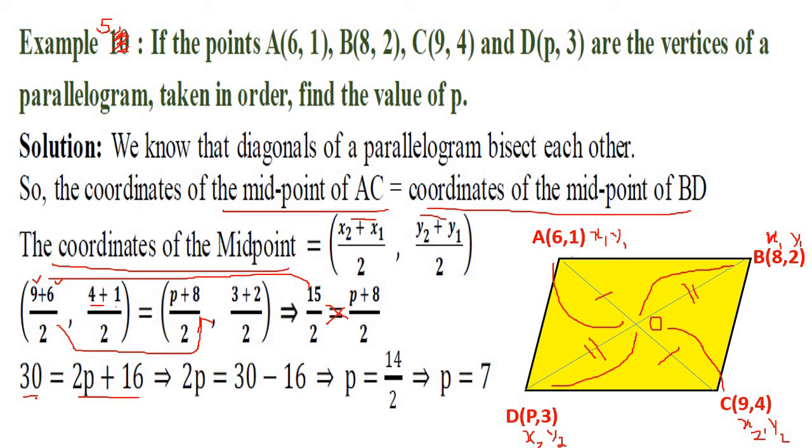Then transpose 16 to the LHS, it becomes 2p is equal to 30 minus 16. Therefore 30 minus 16 is 14 divided by 2. So 2 sevens are 14. So the coordinate p is 7. So the value of p is 7. So it becomes (7, 3).